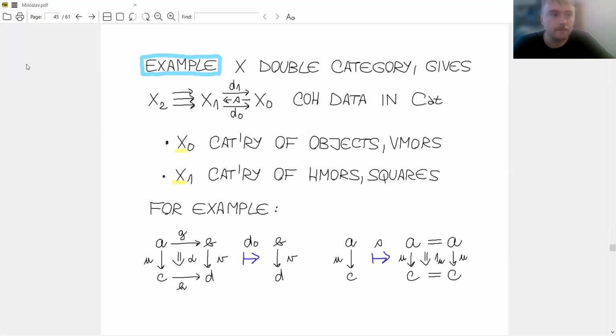In this case, this X0 is the category of objects and vertical morphisms, and this X1 is the category of horizontal morphisms, which is the objects of X1, and morphisms are squares. And this D0, D1, they are the domain and codomain. So for example, this D0 sends a square like this into this one, and so on. Alternatively, you can define double categories like this as some category object in Cat.